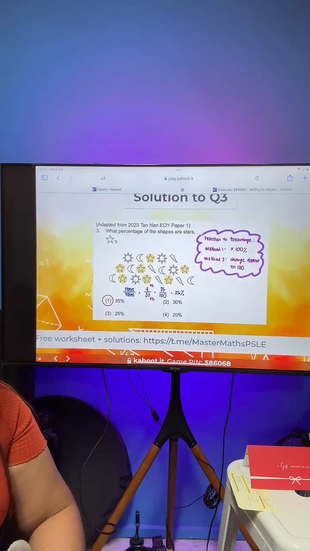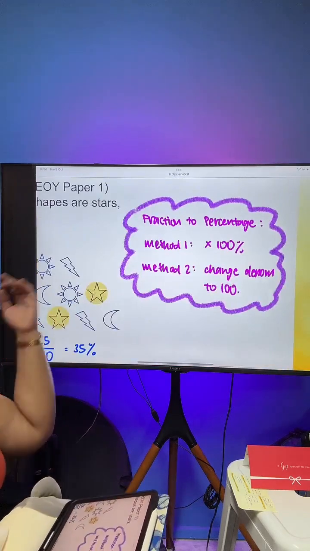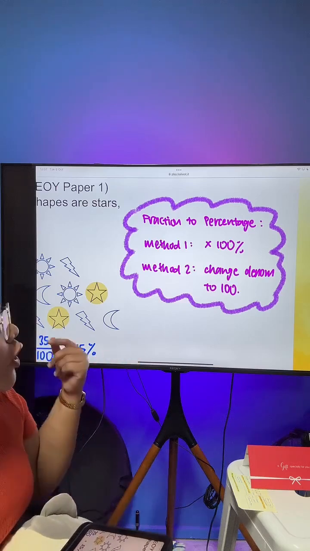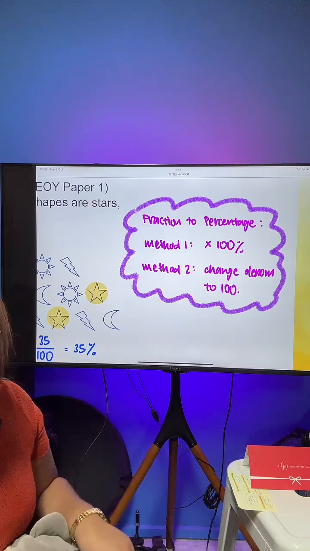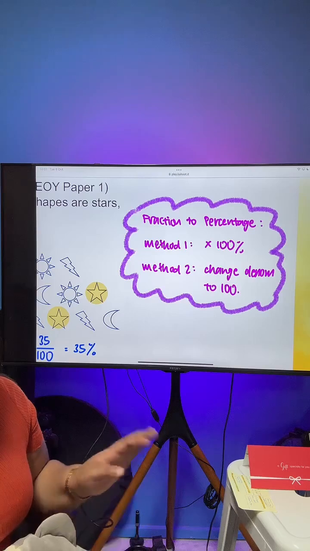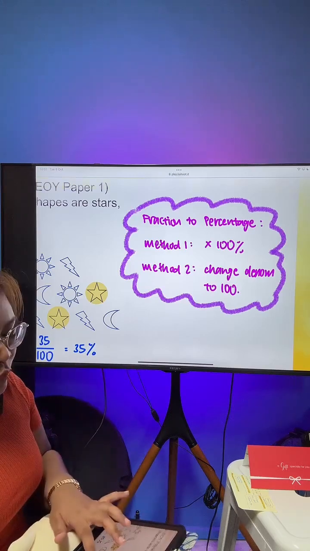Okay, so the solution to question 3. A quick revision here, yeah. For us to convert from a fraction to a percentage, we can either multiply by 100% or we change the denominator to 100. So percent means out of 100. That's why we want to either multiply by 100 or rather change the denominator to 100, okay?